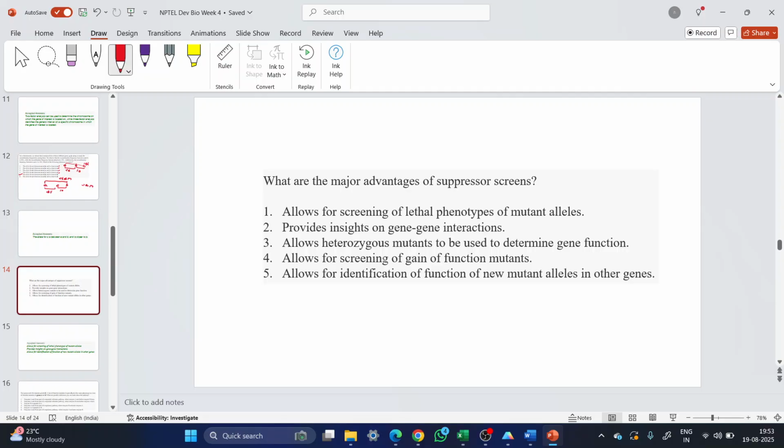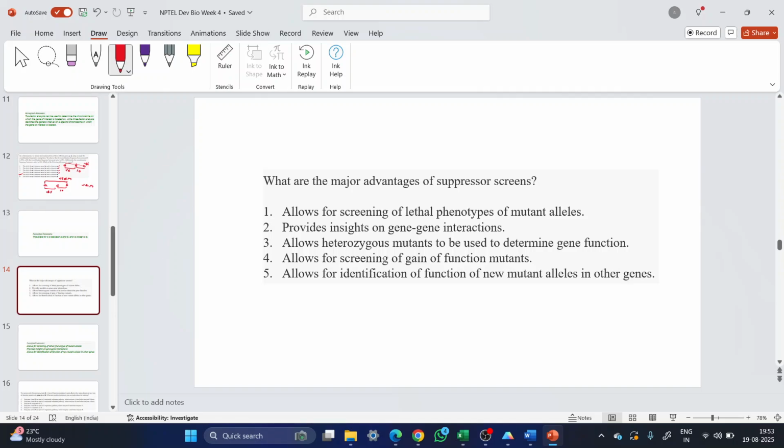The primary mutation has a strong and visible phenotype, and the suppressor mutation is the second mutation, in the same gene or in a different gene, that restores the normal function, either partially or fully.